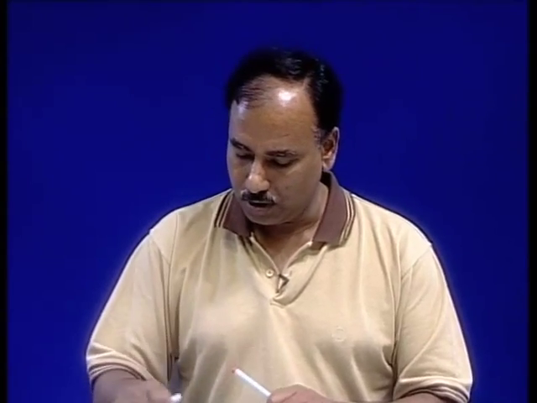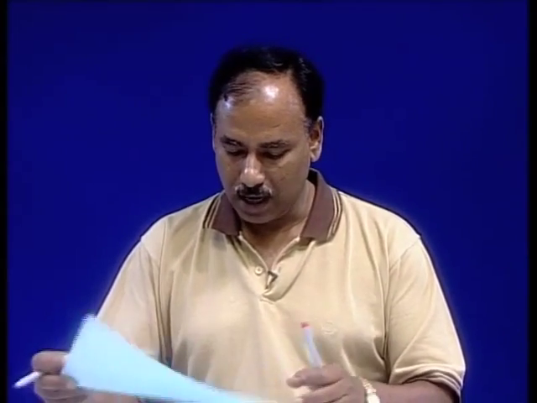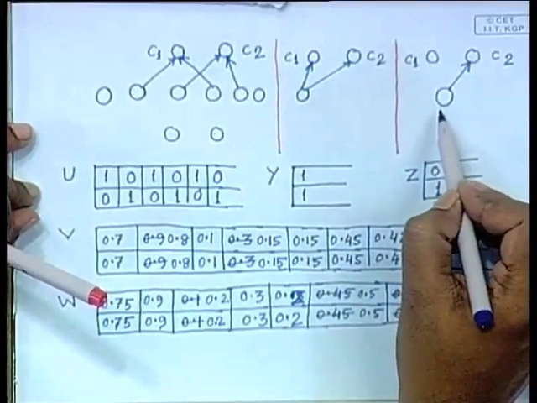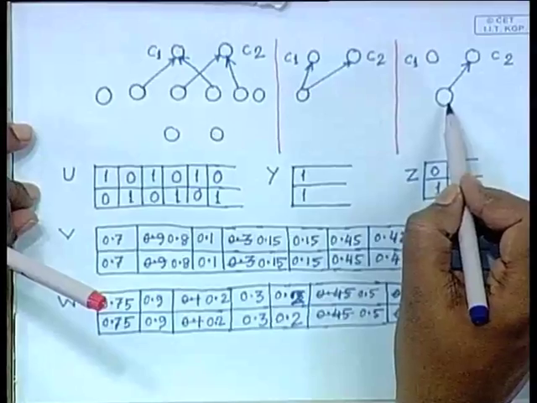Okay. So, to take care of such situations, I have to make entries in the V matrix and the W matrix to indicate what will be the min point and max point of this particular neuron.